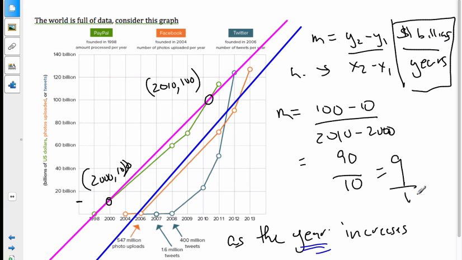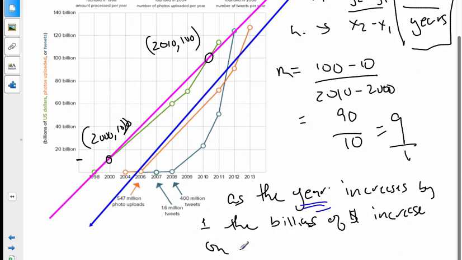Well, there's a hidden 1 underneath there. By 1, what are we looking at? The y value. Billions, yeah, the billions of dollars increase, and we should add the words on average.